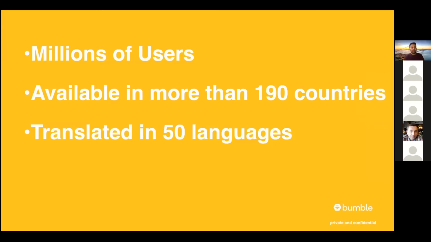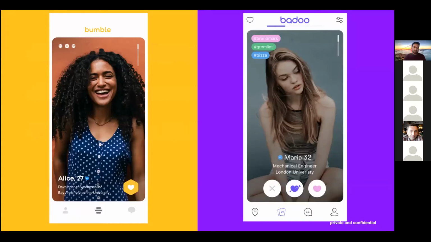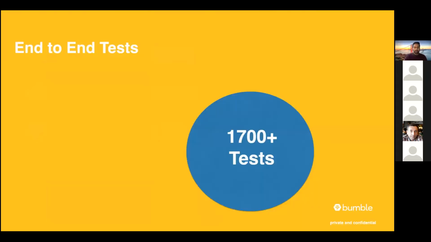We have millions of users, we are available in more than 190 countries, and we are translated in 50 languages. The other one is Badoo. These apps are available in the Play Store and Apple Store. Feel free to download them.